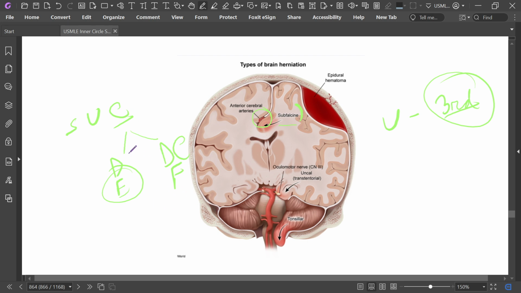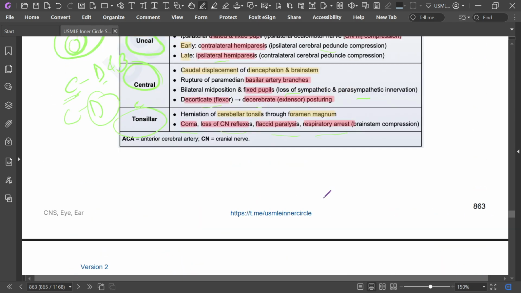Finally, central herniation can progress to tonsillar herniation, where there is coma, loss of all the cranial nerve reflexes, flaccid paralysis, and respiratory arrest.